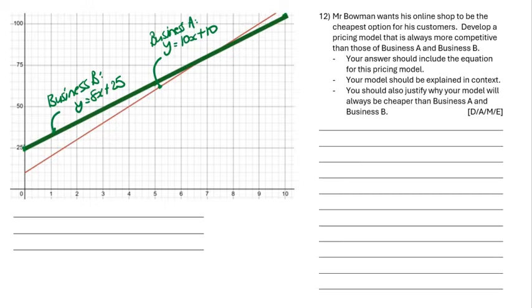So I think there's a few nice tricks to do. Firstly, to be the cheapest down here, it has to start at 8 and be shallower and pop underneath that red graph, or it has to start lower and go up in line with the red graph. Obviously, we don't just want to shove it down here because you're going to lose money in the long run, so that's not a good pricing model.